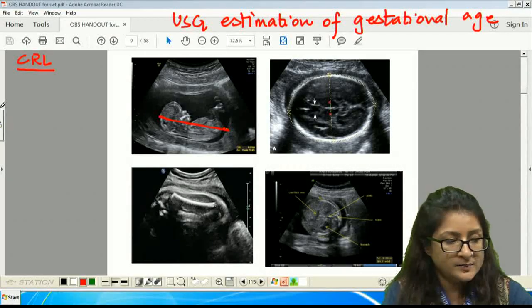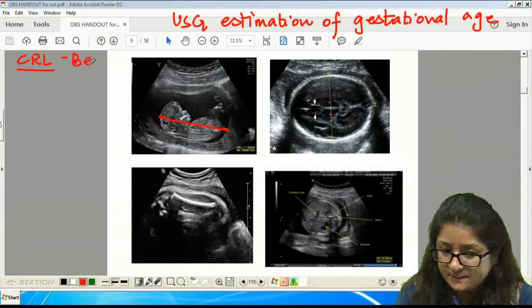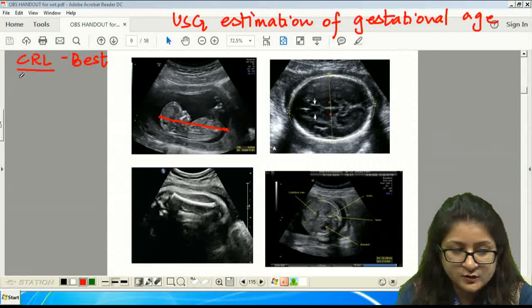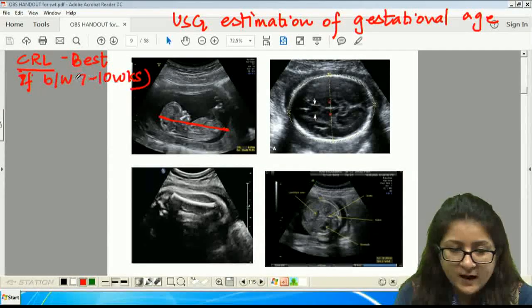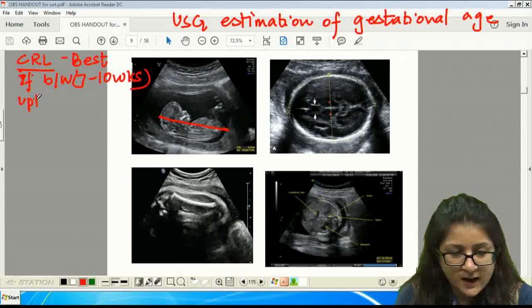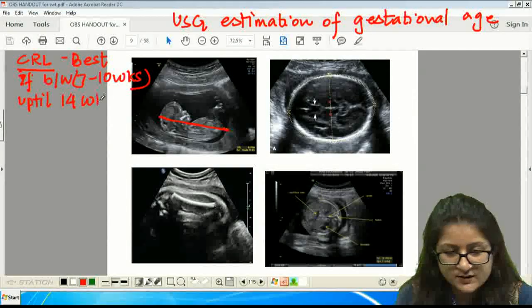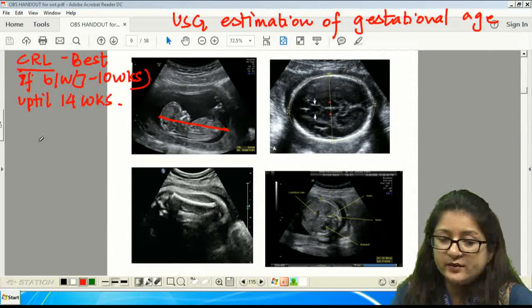Now the crown rump length is best if measured between 7 to 10 weeks, right? However, it can be measured up till 14 weeks. So it's not like we cannot measure CRL beyond 10 weeks.